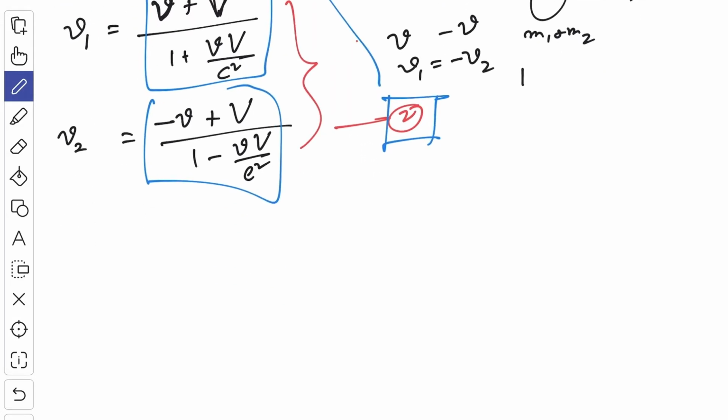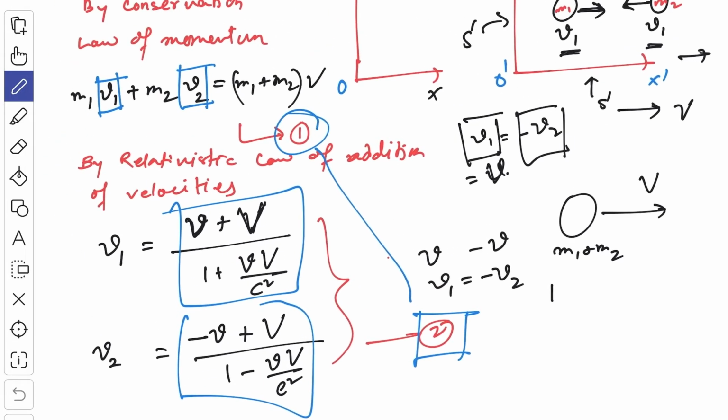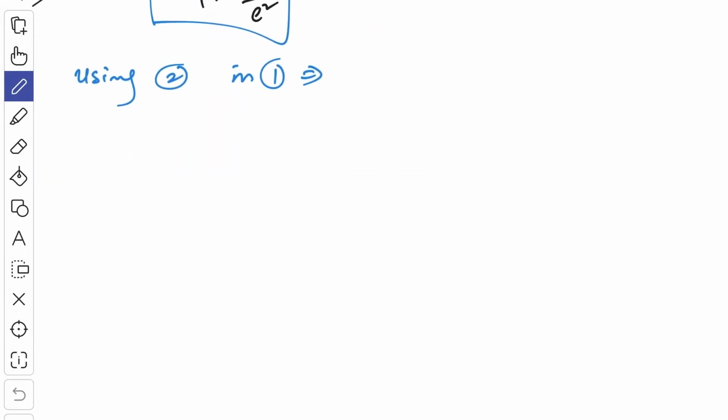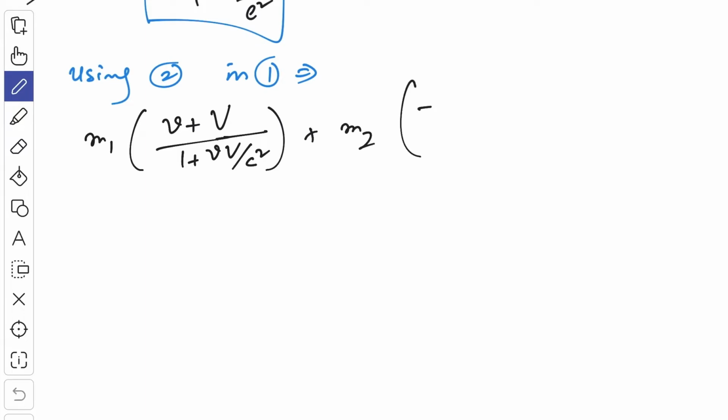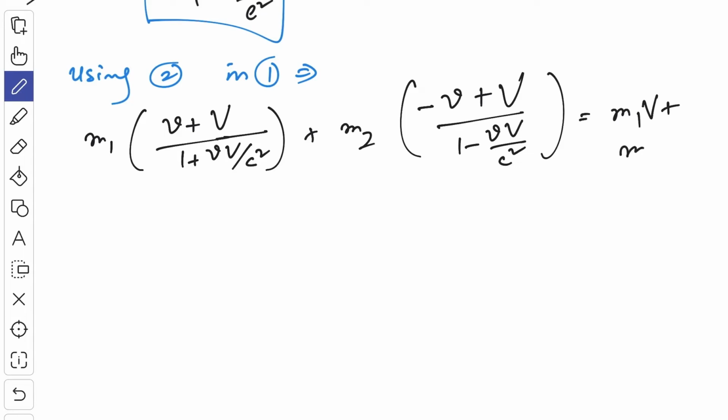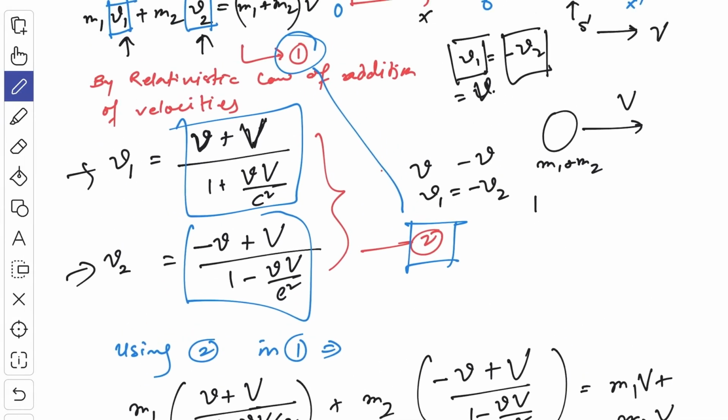If you do so, then you will get m1 into small v plus capital V by 1 plus small v capital V by c square, plus m2 into minus small v plus capital V by 1 minus small v capital V by c square, is equal to m1 capital V plus m2 capital V. So hope you have understood this.